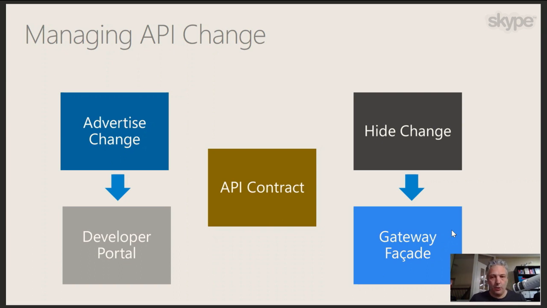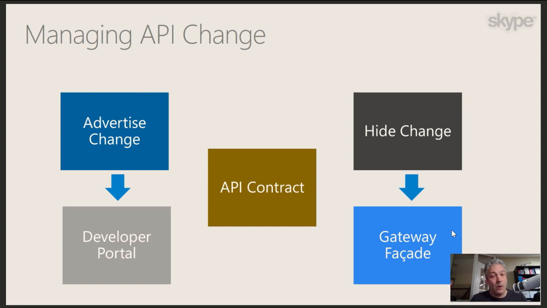We have this notion of the API contract, and that is basically our interface, our HTTP interface. It describes if we are making a change, the API contract will describe what is changing. And changes in contract, they may be versions or they may be revisions. It depends on this change level agreement.